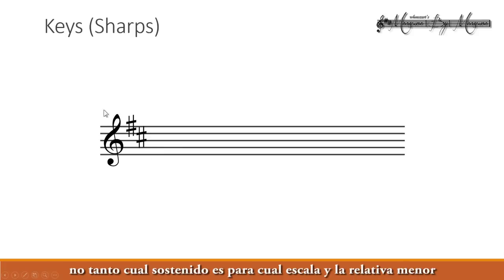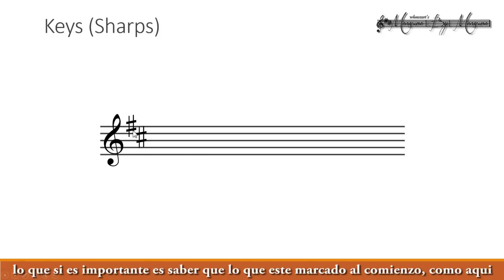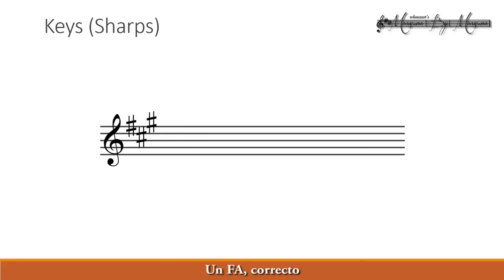Not so much which sharp is which key and the relative minor. Then you'll understand that on your own. It'll come to you later. You don't need to worry about that. But what is very important is to know that whatever is marked in the beginning, for example here, this is above the staff. This was an, remember, F, that's right.